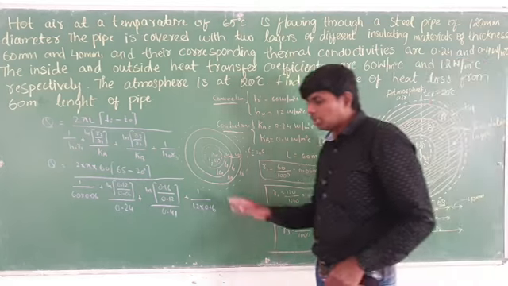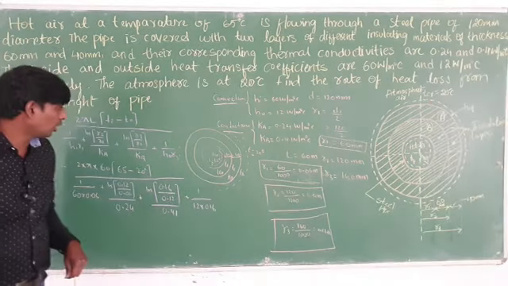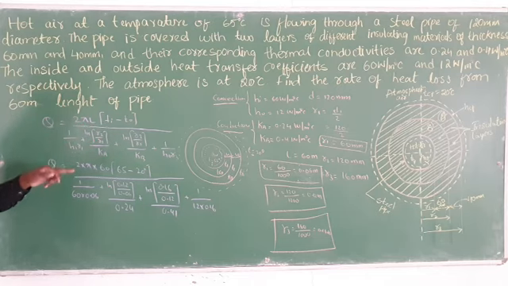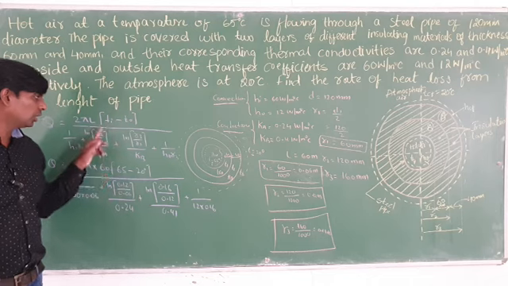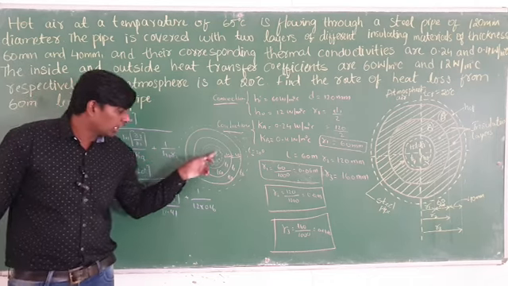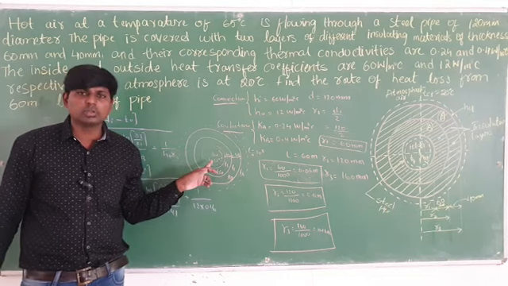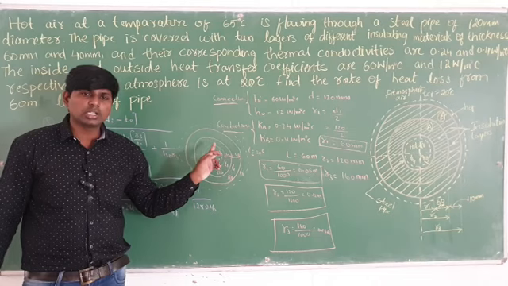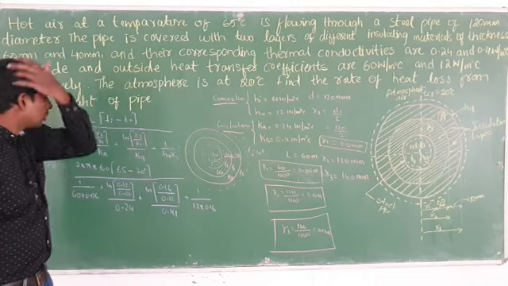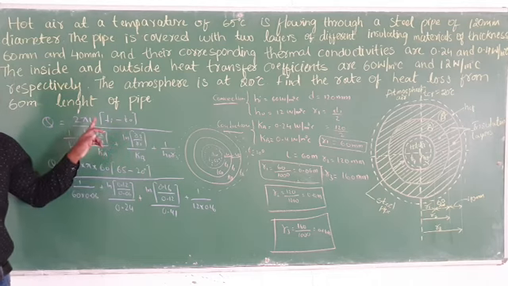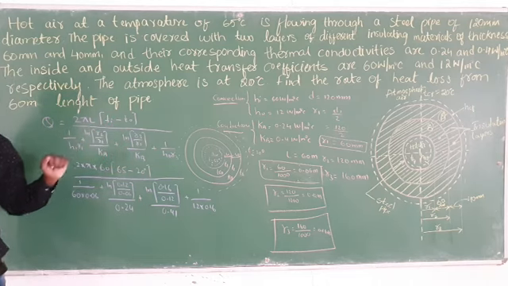After that you have to create this formula, as I already told you. Q is equal to 2 pi L, constant, times initial temperature minus final temperature. The initial temperature is Ti, the final temperature is To. Whatever the air temperature is inside, take it as the initial temperature, and the temperature after conduction is the outside temperature.